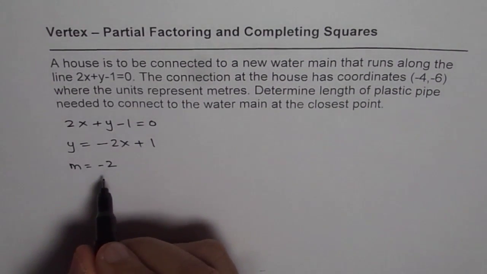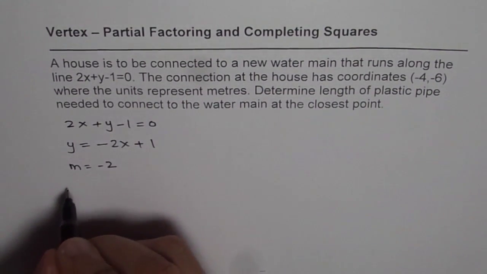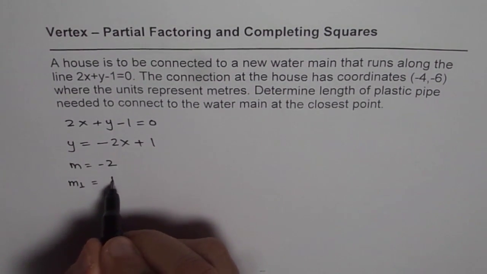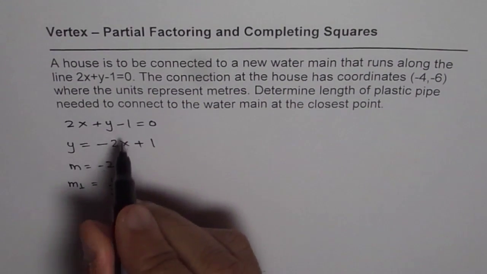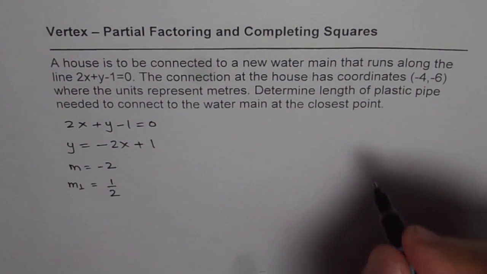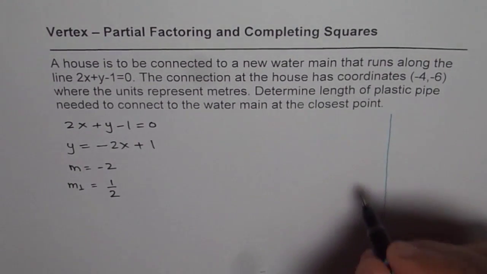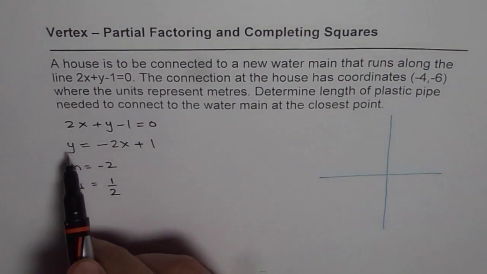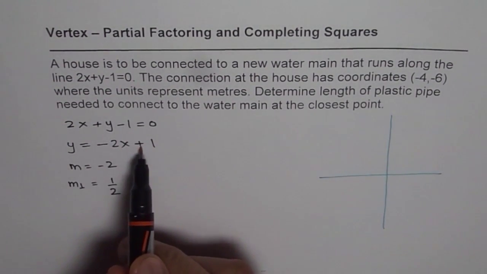Now what is going to be the slope of the perpendicular line? The slope of the perpendicular line will be the negative reciprocal, that is half, right? Now why are we finding all this? Let us try to understand that part. So here is our coordinate plane, and let's sketch the line y equals minus 2x plus 1.